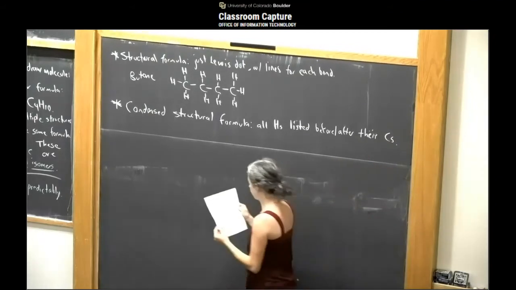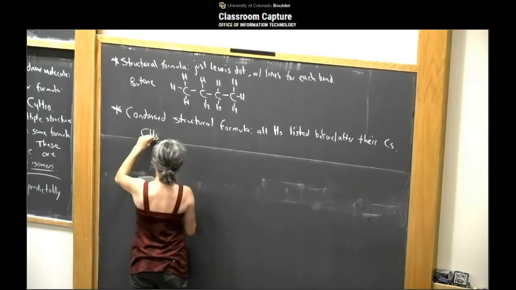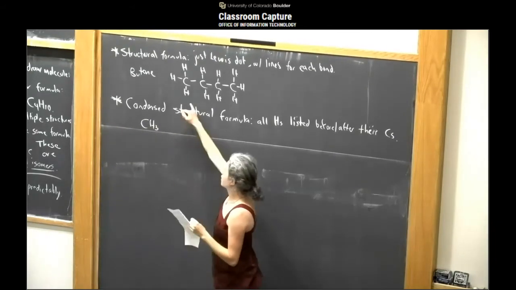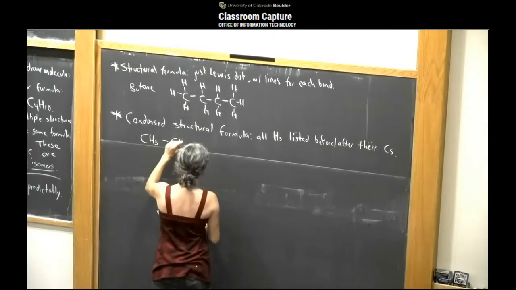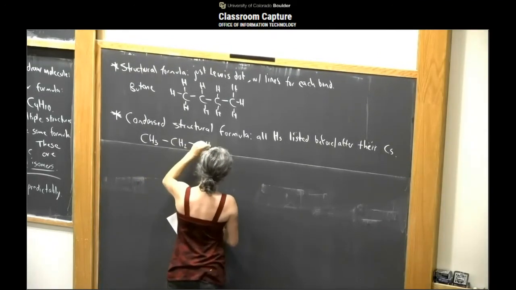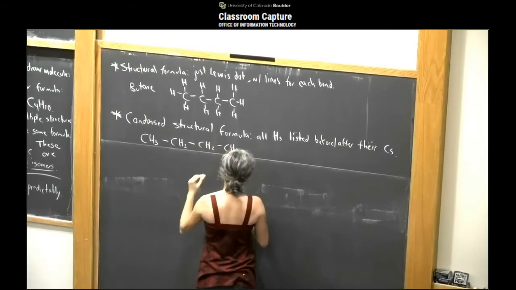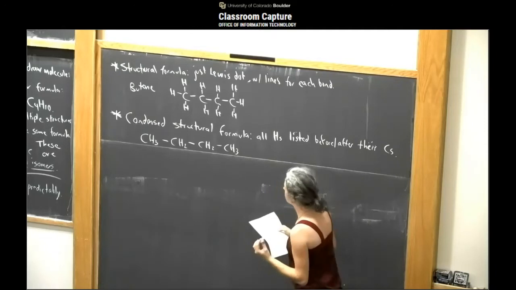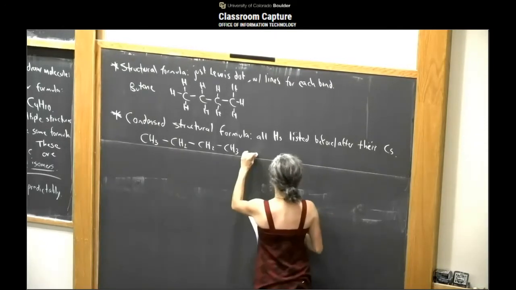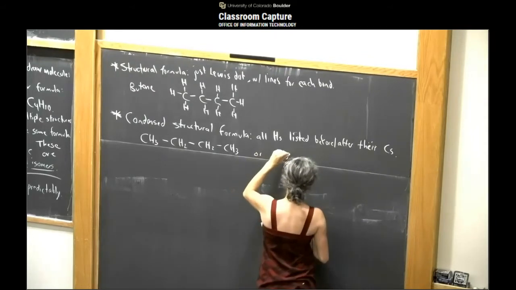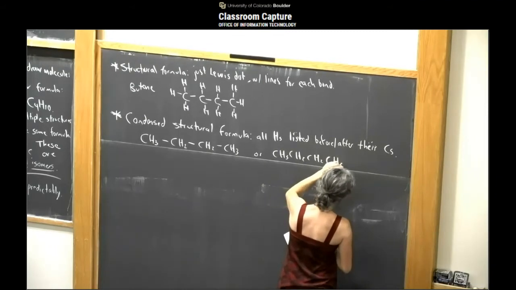So for butane again, we're just going to collapse down the carbon with its 3 H's to a CH3 group. Then CH2, CH2, CH3. And if we want, we can even just take the hyphens out of the middle here and say CH3, CH2, CH2, CH3.